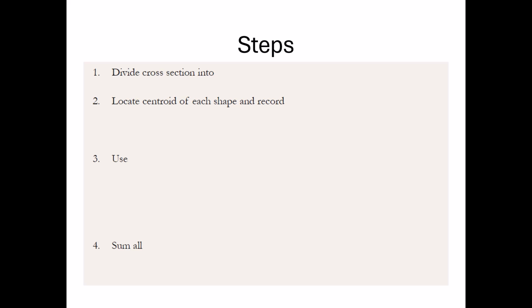So how to use this theorem? First, we need to divide the cross-section into simple shapes. And then locate the centroid of each shape and then measure the perpendicular distance to the axis of interest.